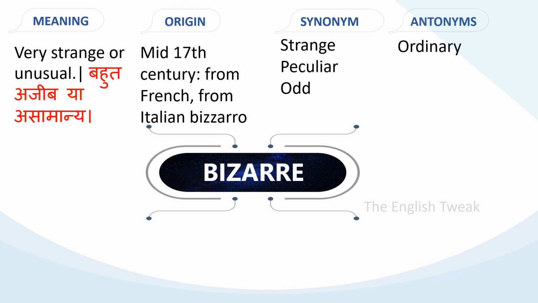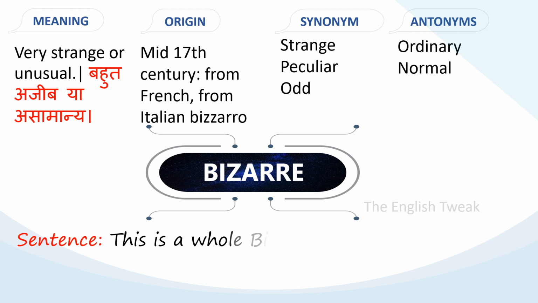Antonyms are ordinary or normal. Let's see an example. The example is, this is a whole bizarre situation, or we could say this is a whole very strange or very unusual or out of ordinary situation.